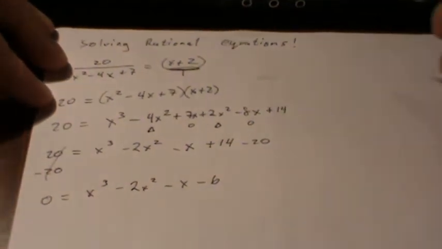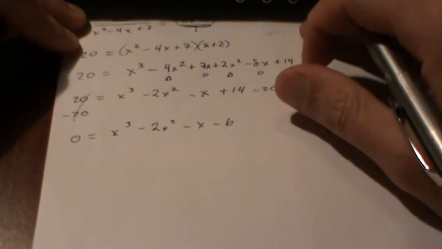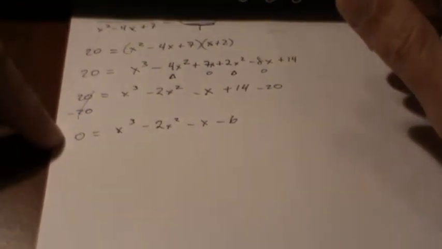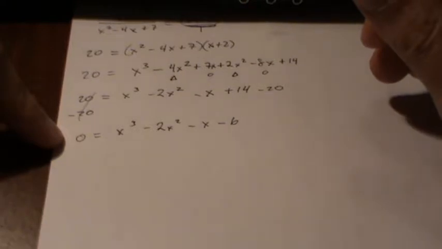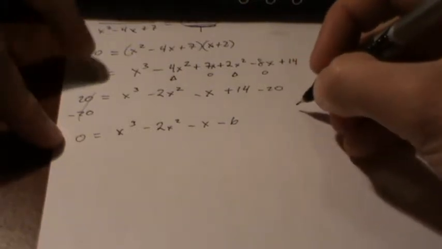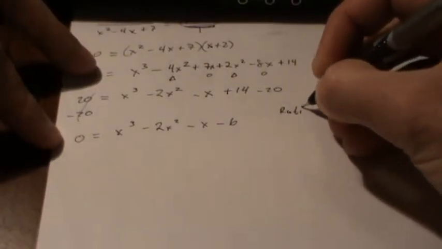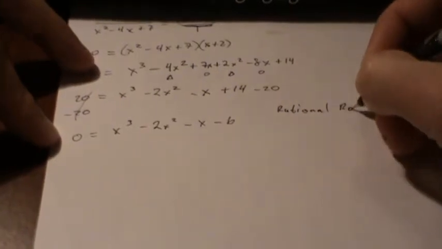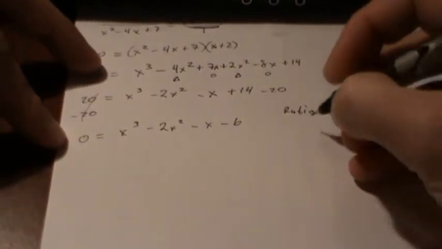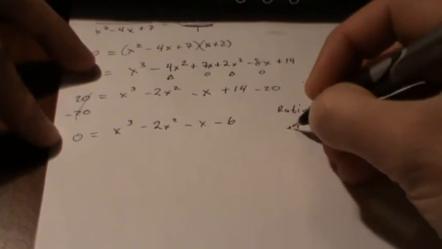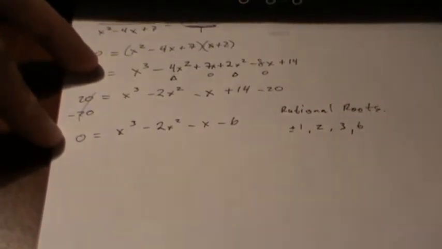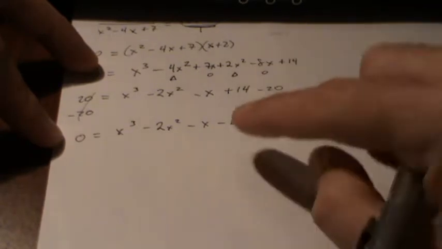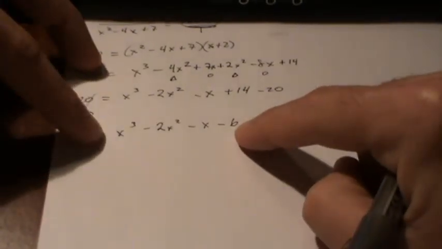And now this, everyone, is a simple third degree polynomial which I can factor by writing down the rational roots. The rational roots are either positive or negative 1, 2, 3, or 6, because of my 6 over 1 here.